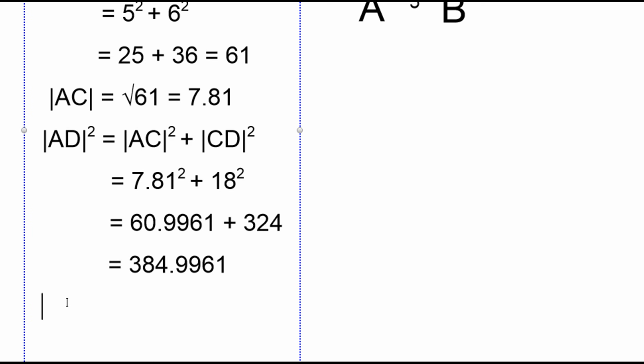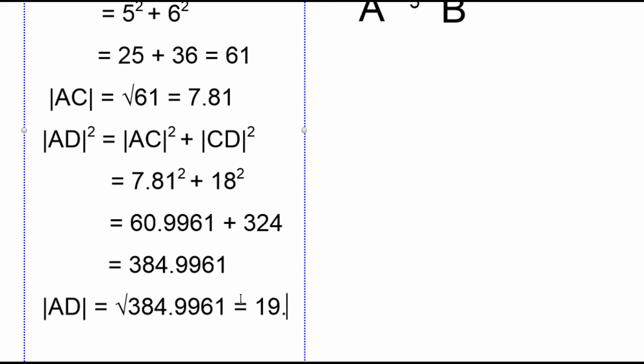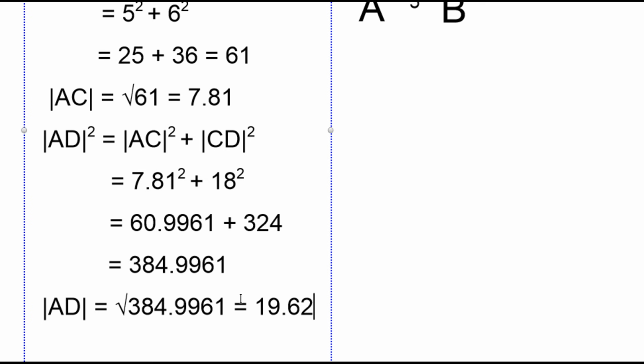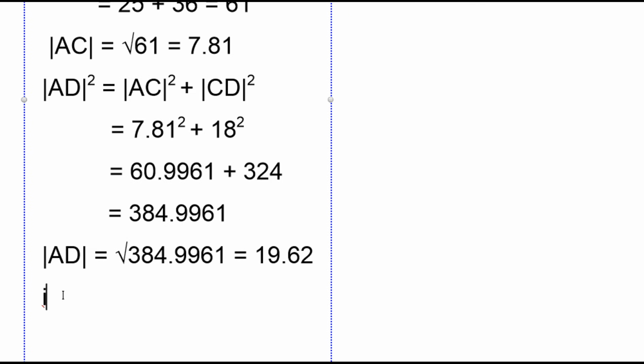Therefore, AD equals the square root of 384.9961. This will be what now? This equals 19.62.